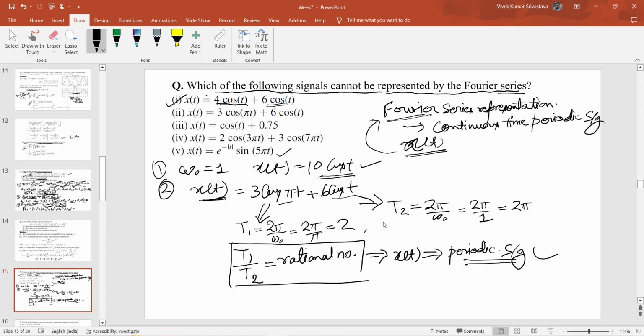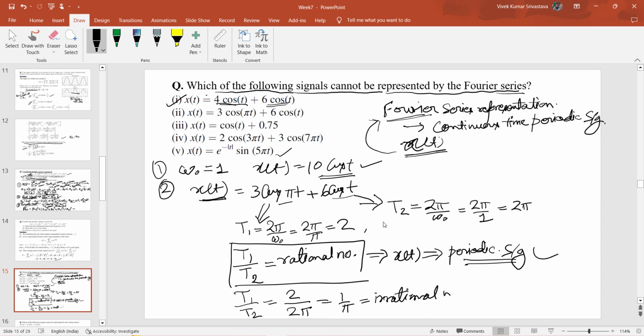So for this signal, once you evaluate t1 by t2, this will be equal to 2 by 2 pi, which is an irrational number.